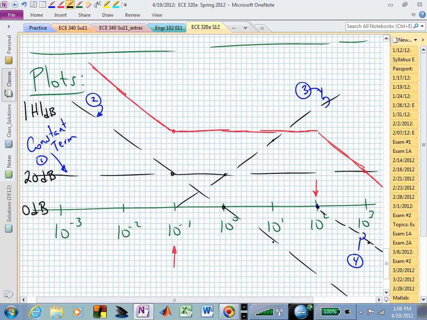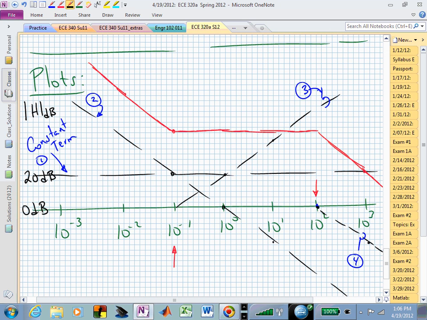Then it flattens off, and it amplifies low or mid-range frequencies from 0.1 radians per second up to 100 radians per second. That's a gain of 100. And then it starts rolling off at high frequencies. That's probably a good thing, because you don't want a bunch of noise being amplified, and the noise is at higher frequencies.